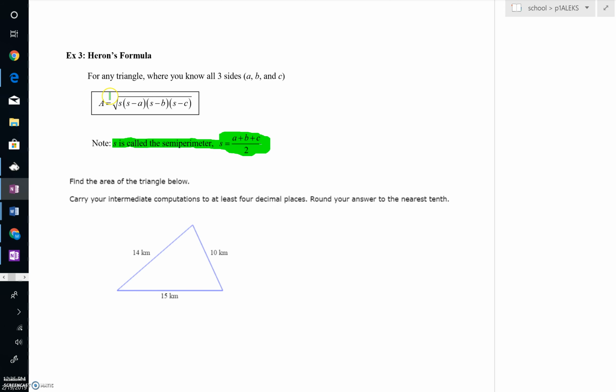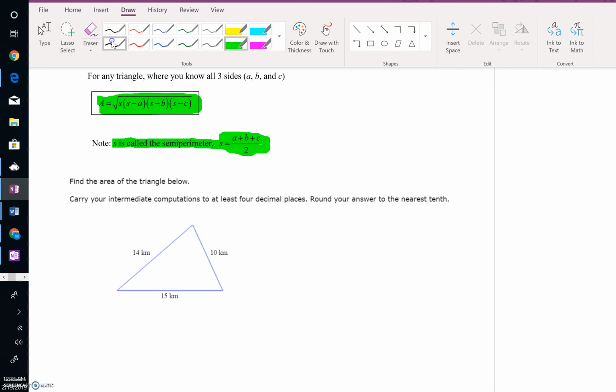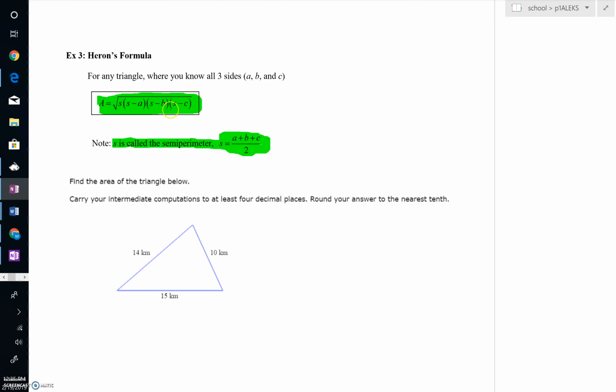Semi always means 2. And then you'll be able to work out the area of that triangle by taking the square root of s times s minus a, s minus b, and s minus c.